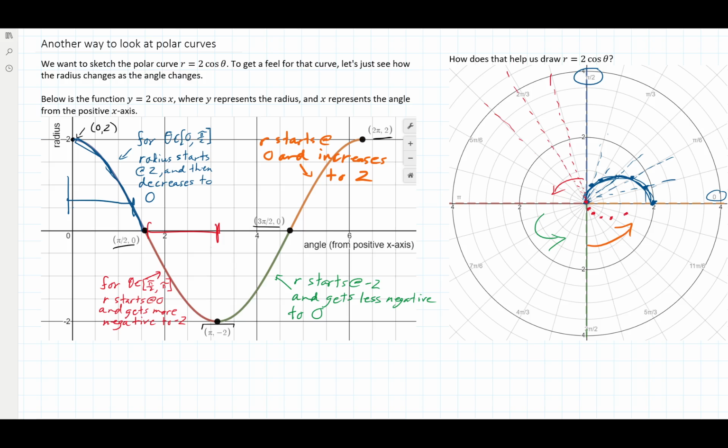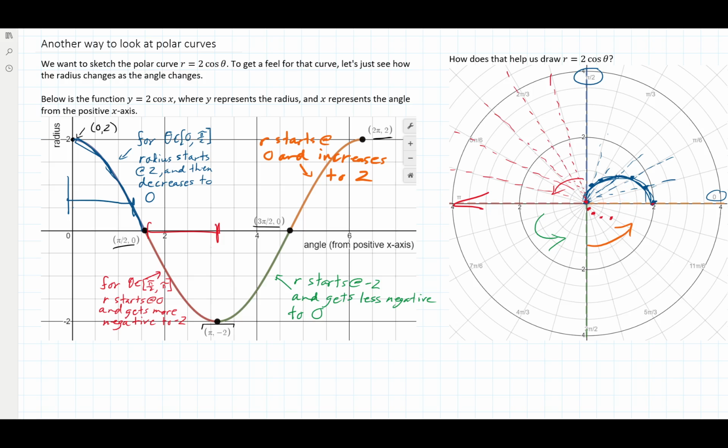Now eventually, my drawing is obviously not to scale here or anything, not nearly accurate, but when I eventually get to theta equals pi, then I'm back at -2. Well, so again, that'd be -2 in the pi direction, which is this way, which actually means 2 in this direction. And so that's how I ended up back there.